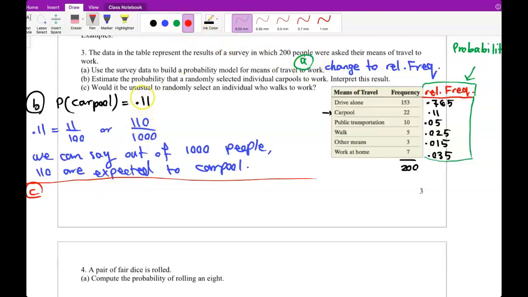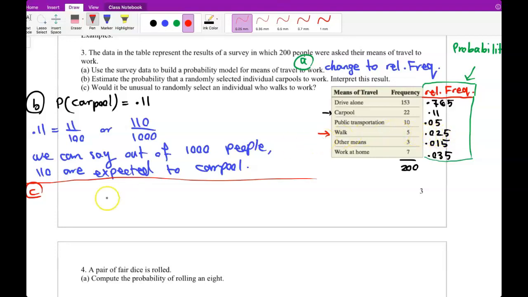Now, what is part C? Would it be unusual to randomly select an individual who walks to work? So it's this one, and the probability for that one is 0.025. If our probability is less than 0.05 or 5%, it is unusual.